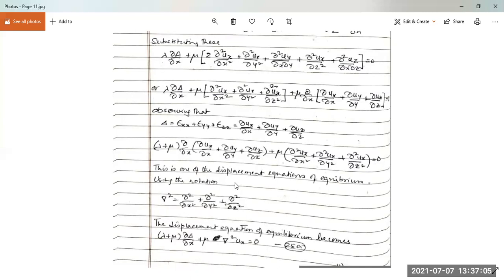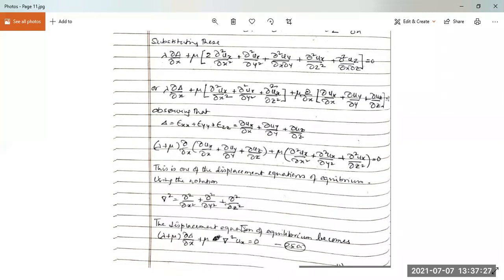It is one of the displacement equations of equilibrium as per our definition itself. Now, if we use this notation, capital ∇² is equal to ∂²/∂x² plus ∂²/∂y² plus ∂²/∂z², what will happen?